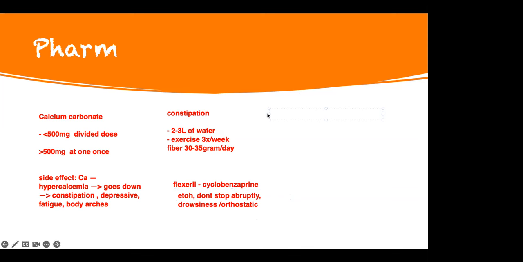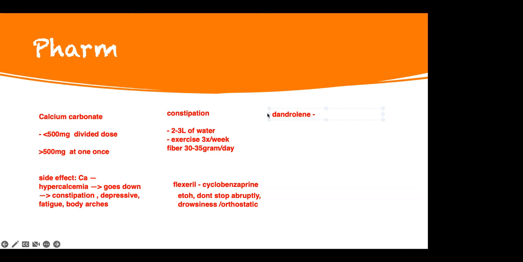Another muscle relaxant is dantrolene. And I don't want you to forget this medication because you can use it for NMS, MH, malignant hyperthermia, neuroleptic malignant syndrome. It's a muscle relaxant, but it's very, very good. It can also be used if you have muscle spasm or anything like that.